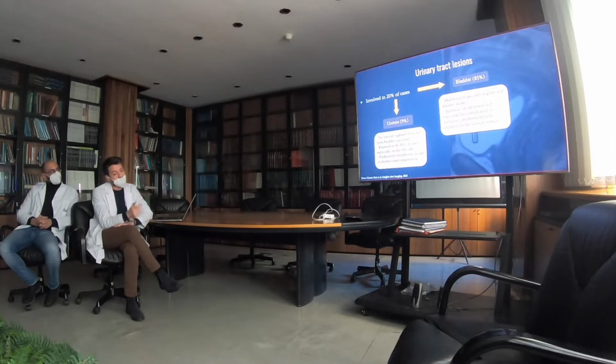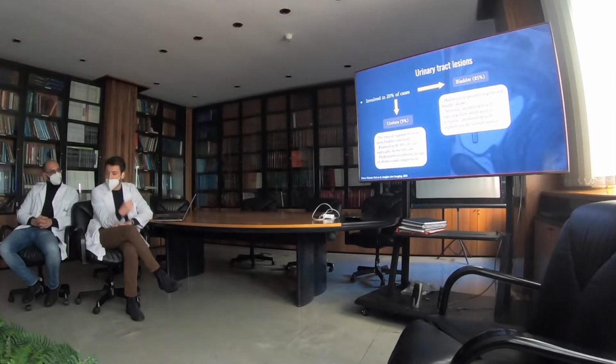Meanwhile, the ureter is involved in a small percentage of cases, in particular the last tract, the last 3-4 centimeters from the bladder injection, and it is bilateral in 10-20% of cases, in particular the left ureter, because of the movement of the peritoneal fluid in the abdomen that goes up to the right.